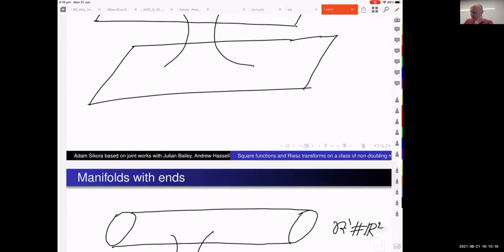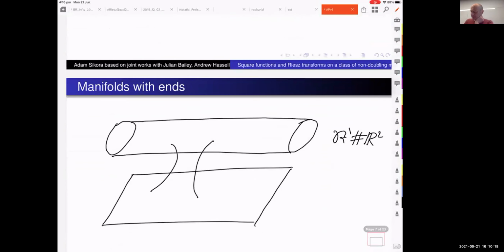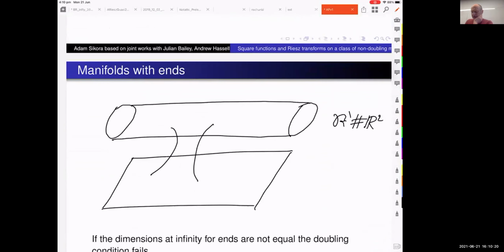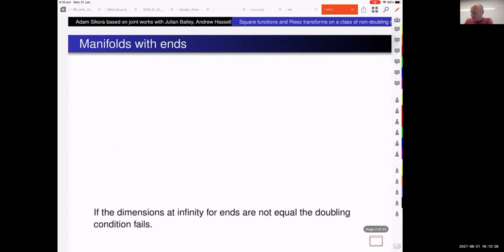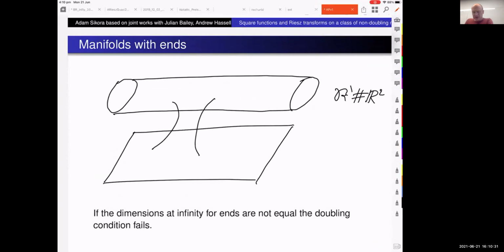So let me just show you another picture. This is a picture where I connect a cylinder with a plane. The point of interest with this object is that we've got a ball living in the cylinder side. When we take a very huge radius, its volume behaves like, of course, the first power of the radius.